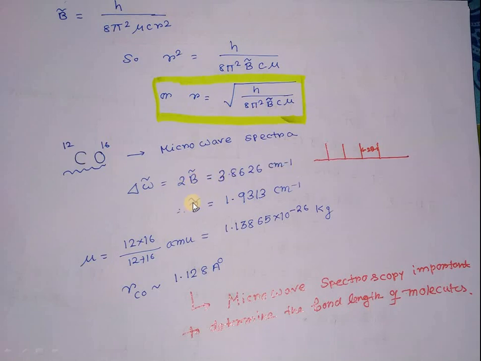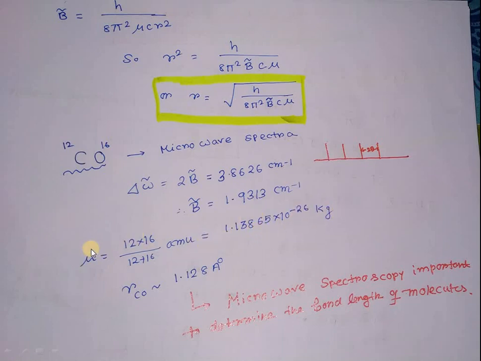So the value of B bar will be equal to 1.9313 centimeter inverse, half of this value. From this expression we can determine the bond length of the carbon monoxide molecule. The value of mu is the reduced mass, 12 into 16 by 12 plus 16 atomic mass unit, which is equal to 1.13865 into 10 to the power minus 26 kg.